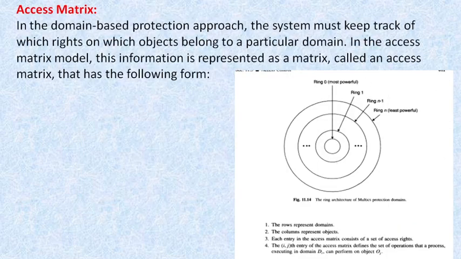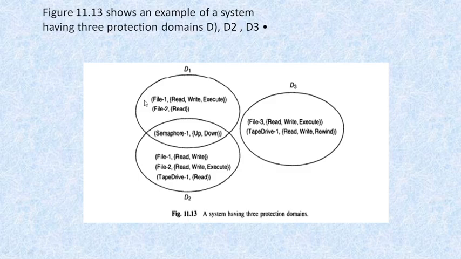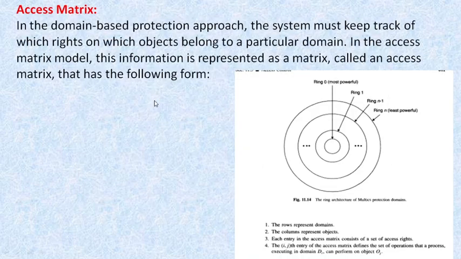And the next is the access matrix. This is a domain-based protection approach, and in it the system always keeps track of which rights on which objects belong to a particular domain. For example, if a process in D3 wants to access a file in D1, the system will observe whether it is a valid request or not.